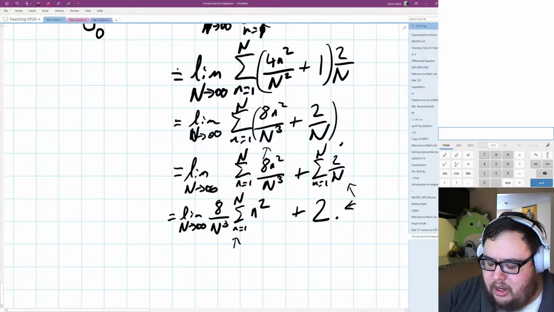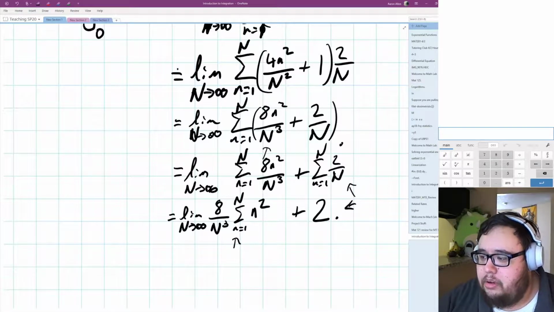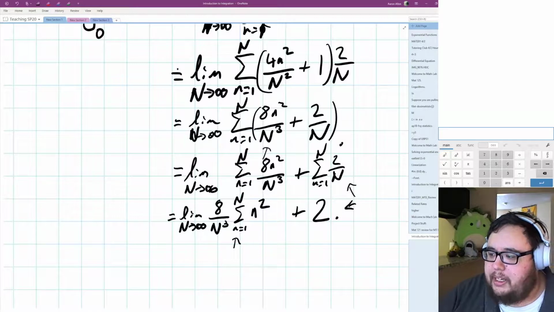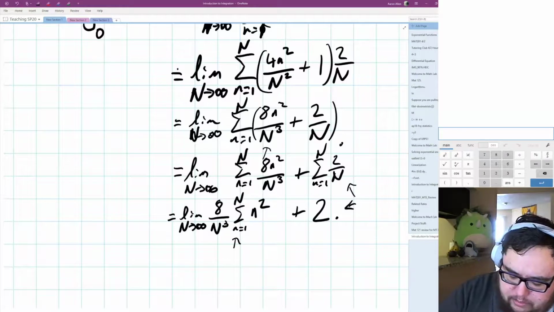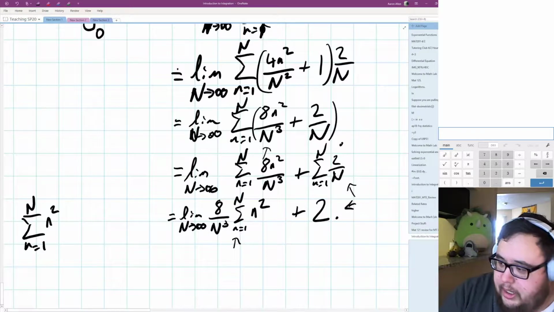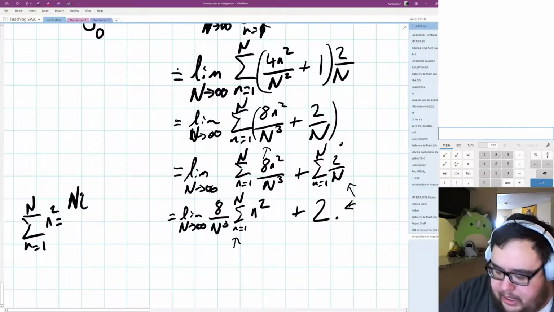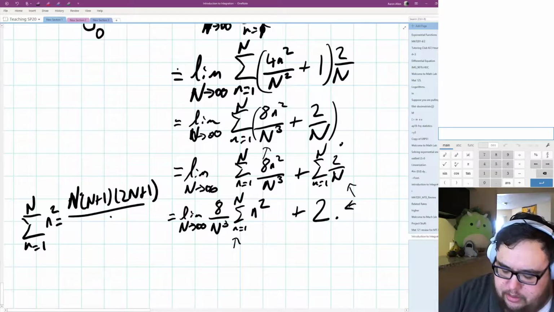It turns out that if you are adding up the sum from n equals 1 to some other number of n squared, that ends up being exactly, so the sum from n equals 1 to big N of little n squared is exactly big N times N plus 1 times 2N plus 1 over 6.